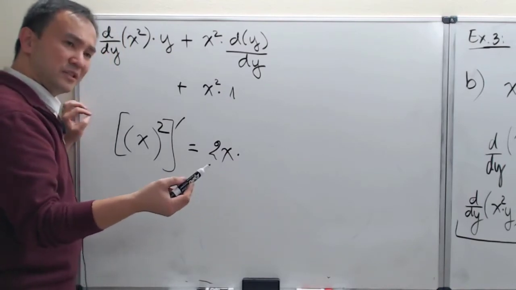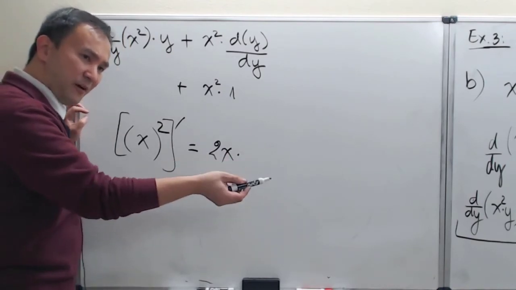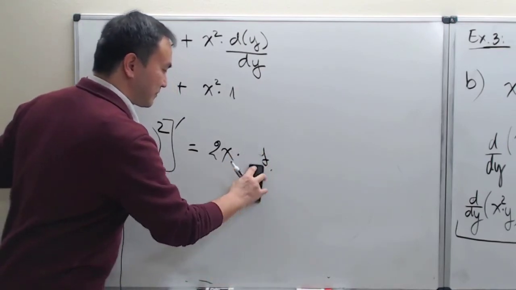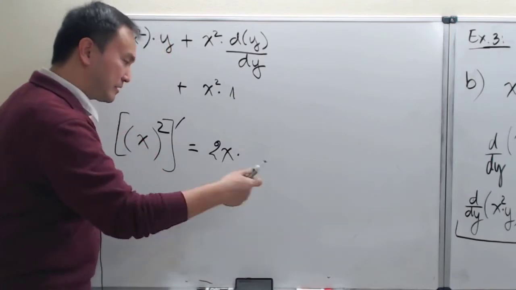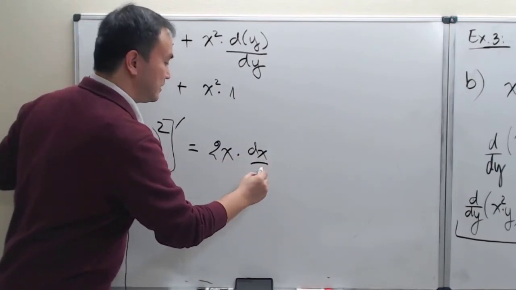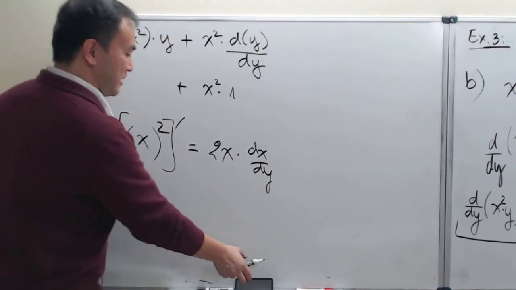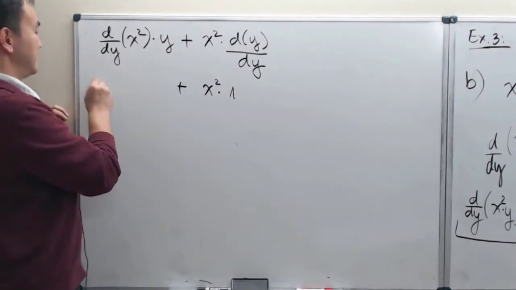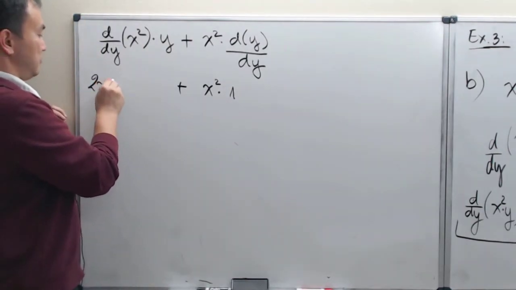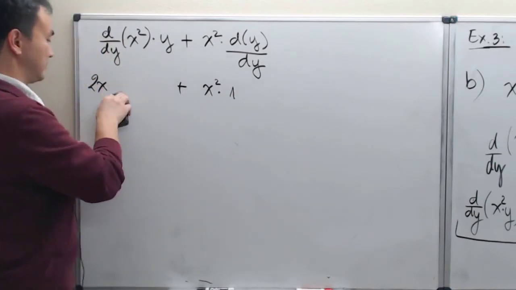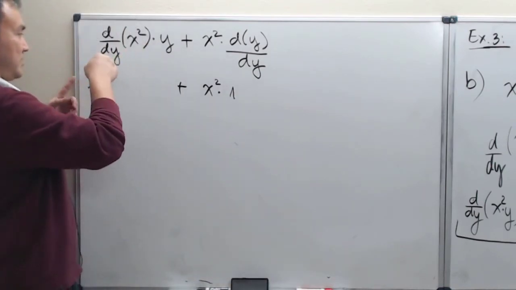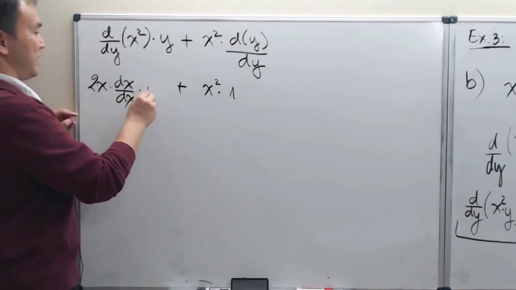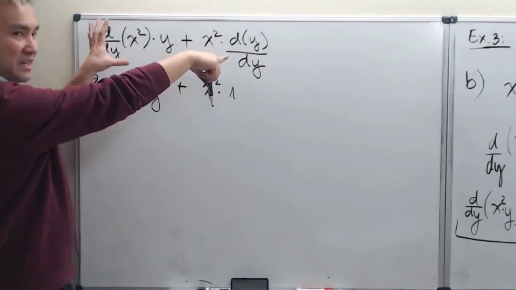And remember, we are defining x implicitly as a function of y, so it has to be an implicit derivative, dx dy. So these two terms become 2x dx dy times y, plus x squared times 1.